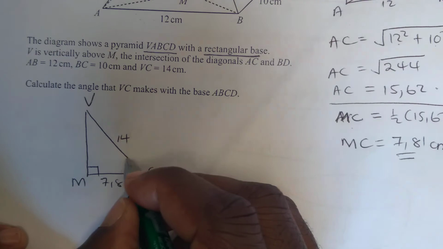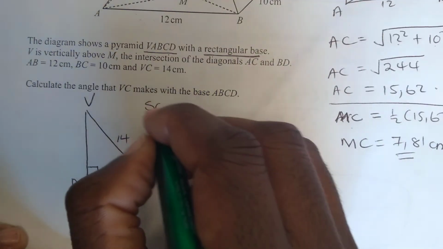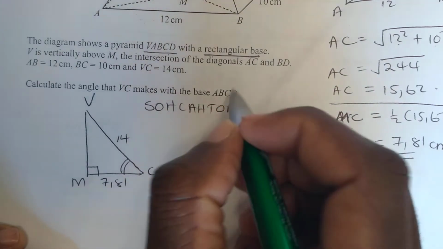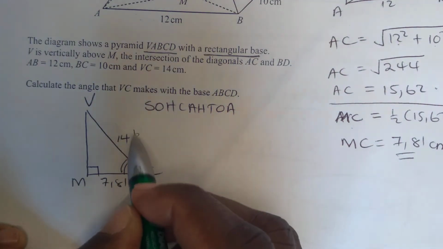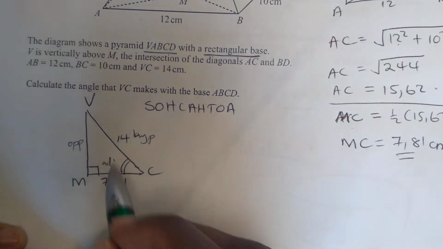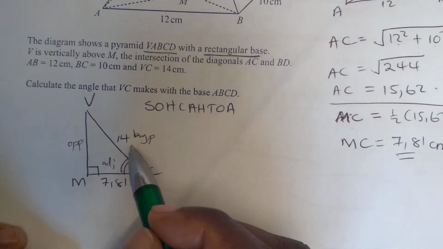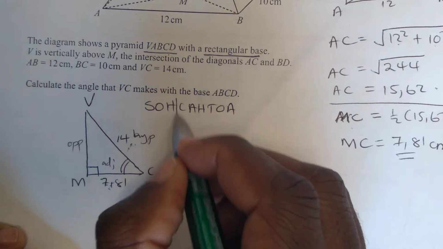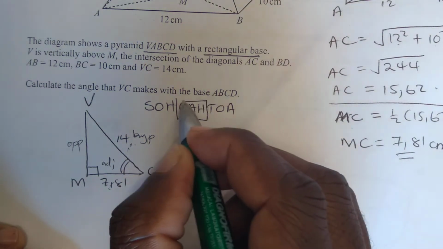So we want to find the angle there. We know that SOHCAHTOA is used to simplify triangles. This one is my hypotenuse, this one is my opposite, this is the adjacent side. So I have the hypotenuse and the adjacent, meaning I will need to use cosine ratio.